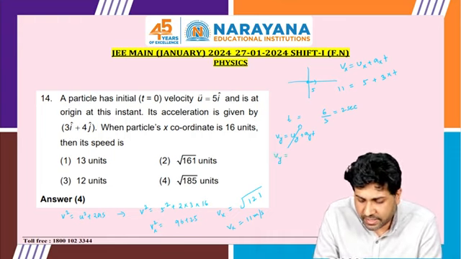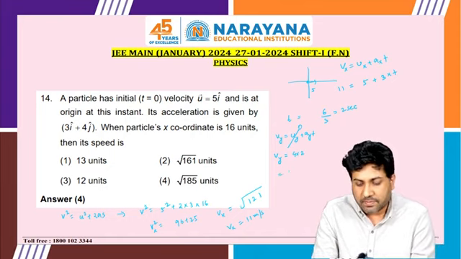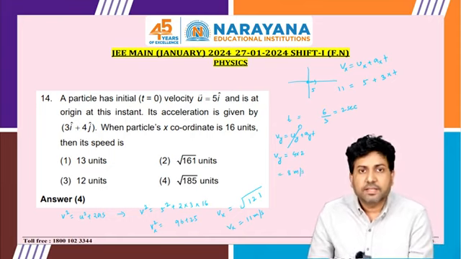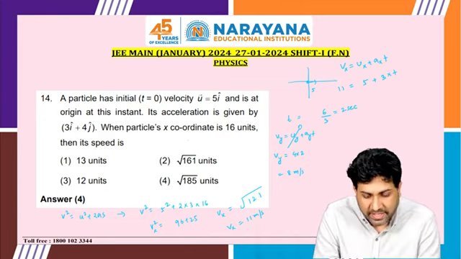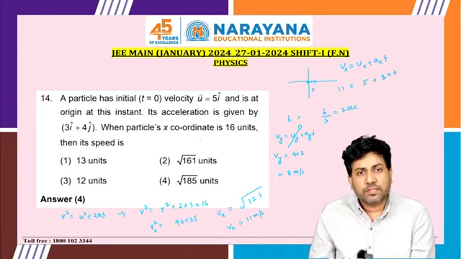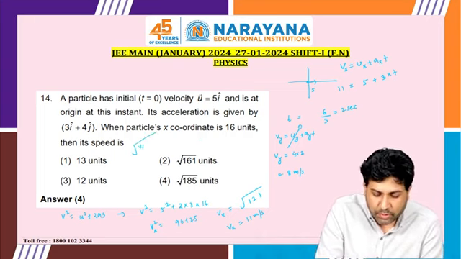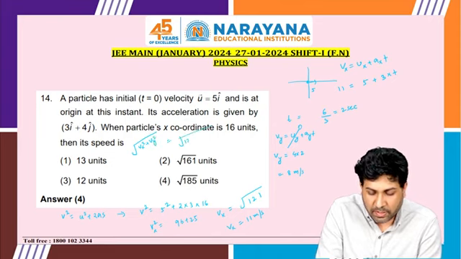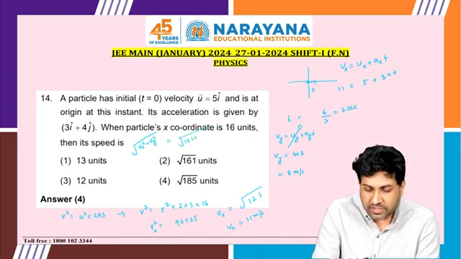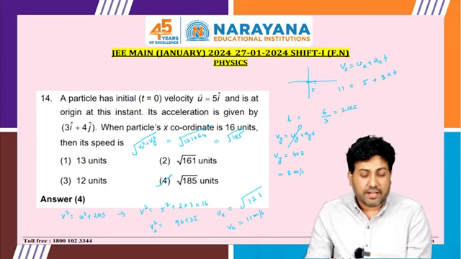So I will write Vy is equal to Ay is 4 and t is 2. That means it is 8 meter per second. So what they have asked is, when the particle's x coordinate is 16 units, what is the speed? That speed will be root over Vx square plus Vy square. That will be root over 121 plus 64, and that will come out to be root over 185. Okay, so this is the correct option.